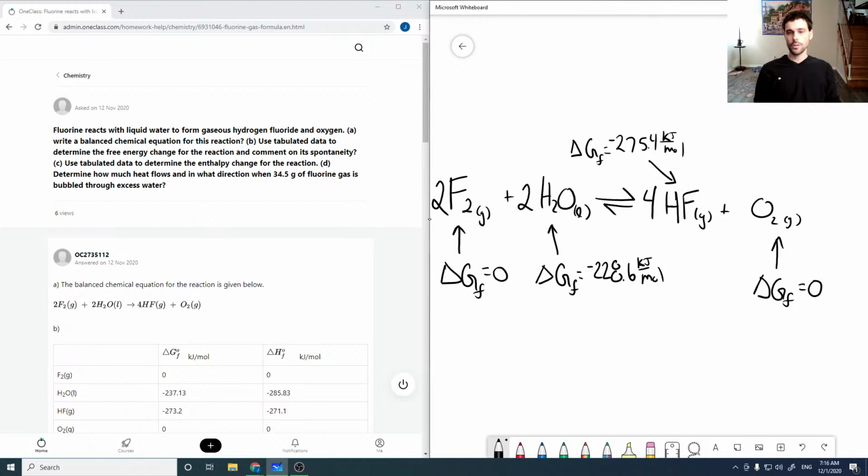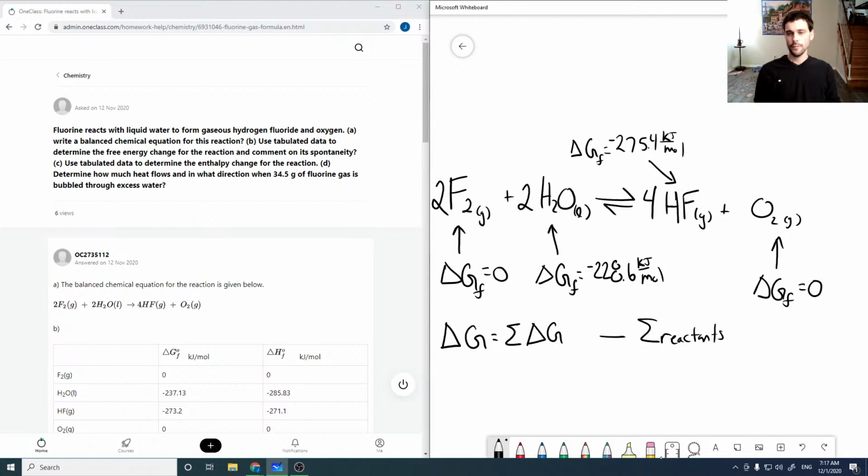So our free energy change for the reaction is the sum of our products minus the sum of our reactants. Let's put this in a way that's a little bit easier to know what I'm talking about.